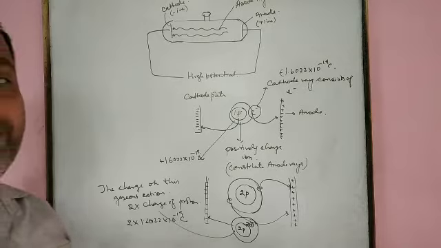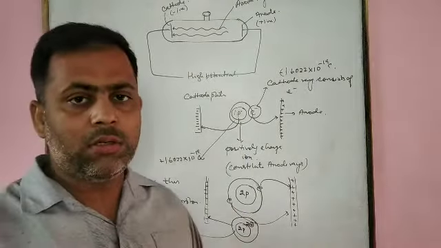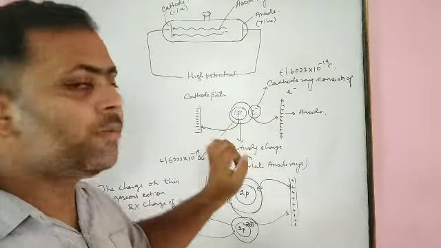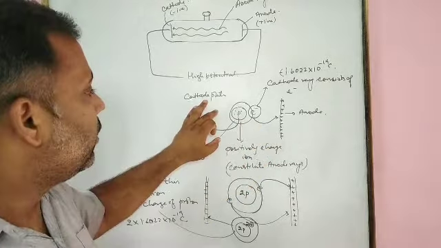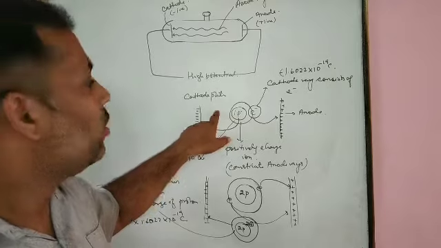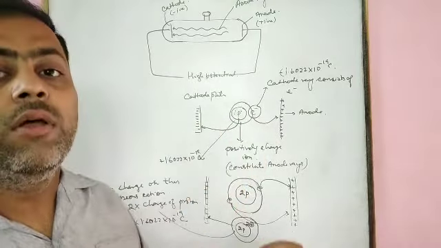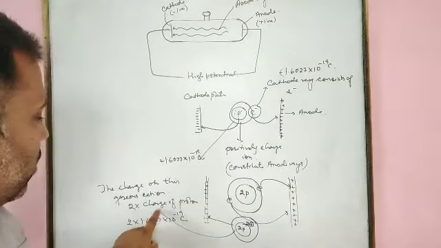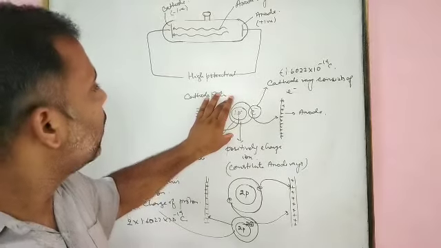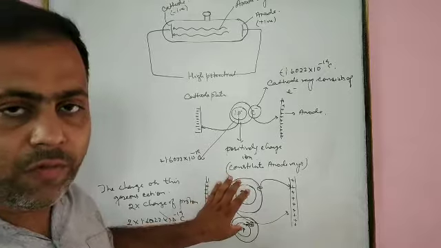When we change the gas in the discharge tube, we observe that the charge on the gaseous cation, or the charge on the anode ray particle, changes, and it is an integral multiple of a definite charge. It means the nature of anode rays depends upon the gas filled in the container.